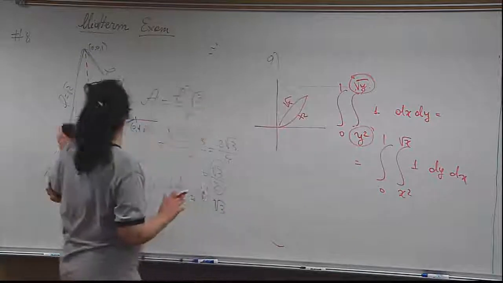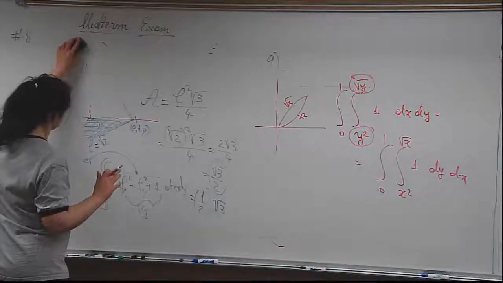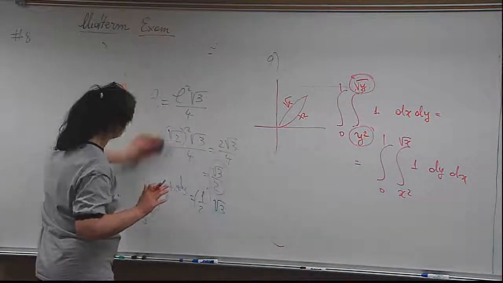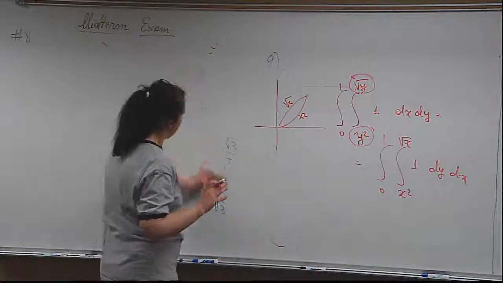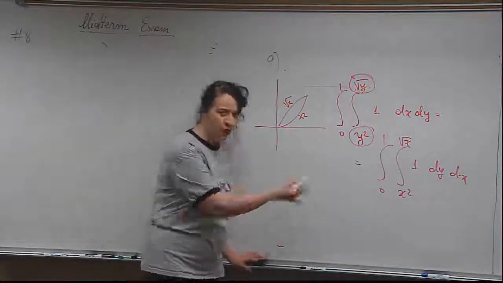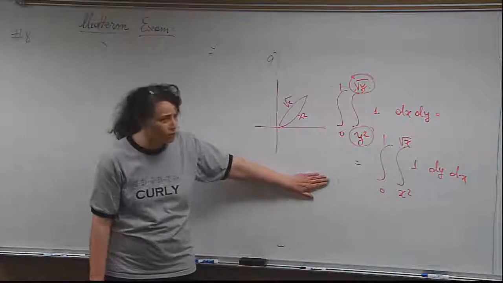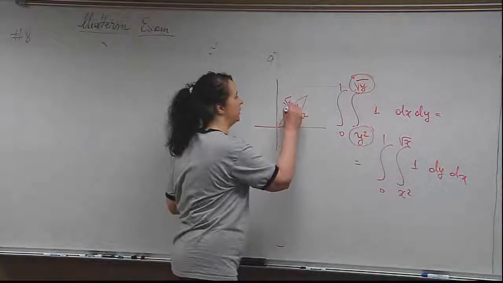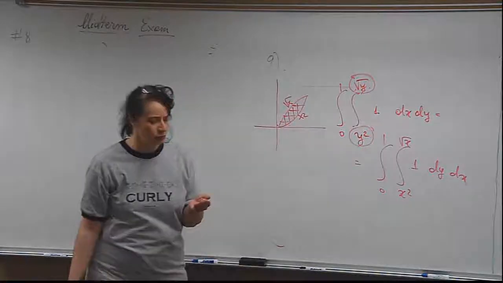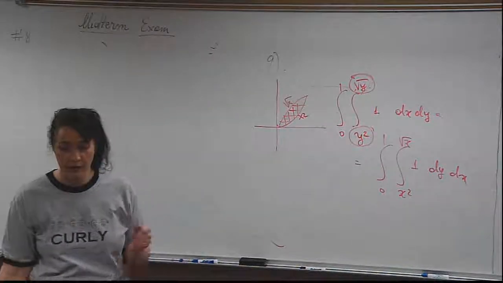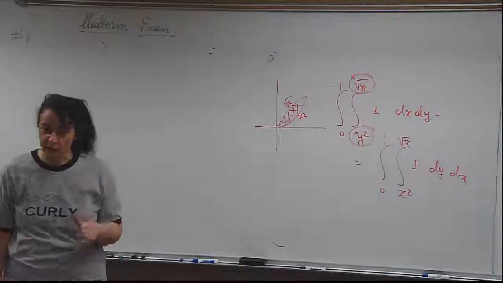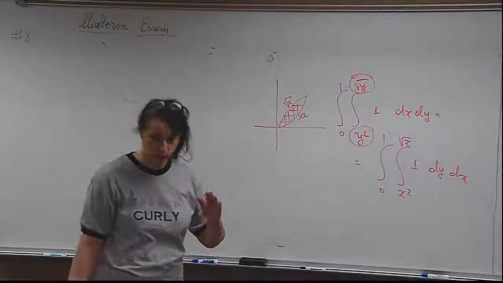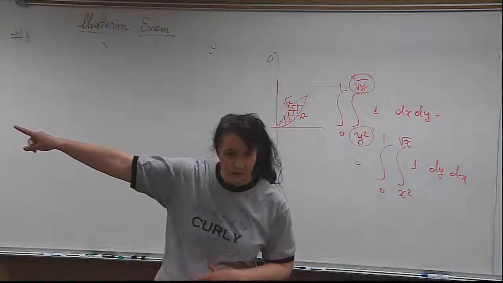Now, am I happy with that? I'm quite happy. In general, people understood the vertical strip method compared to the horizontal strip method. And why am I happy? Because I was asked by 3 people from other classes to help them over there in the corridor.